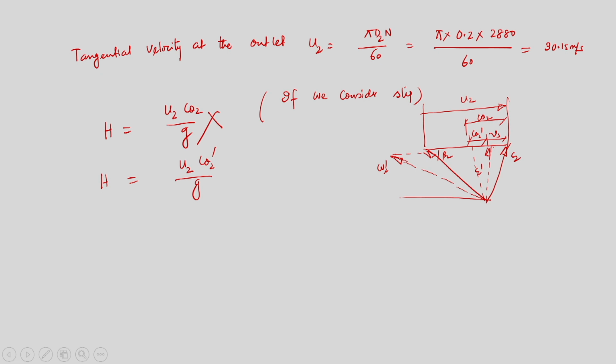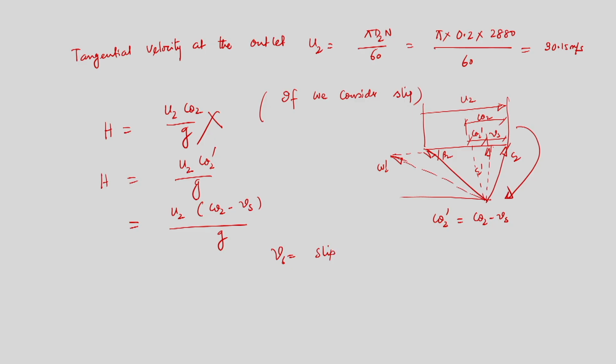This is W2 prime. Now from the velocity triangle itself I can write that C theta 2 prime is equal to C theta 2 minus Vs. So I can replace the value of C theta 2. From this velocity triangle, C theta 2 will be C theta 2 prime plus Vs, that means C theta 2 prime is equal to C theta 2 minus Vs, where Vs is the slip velocity.